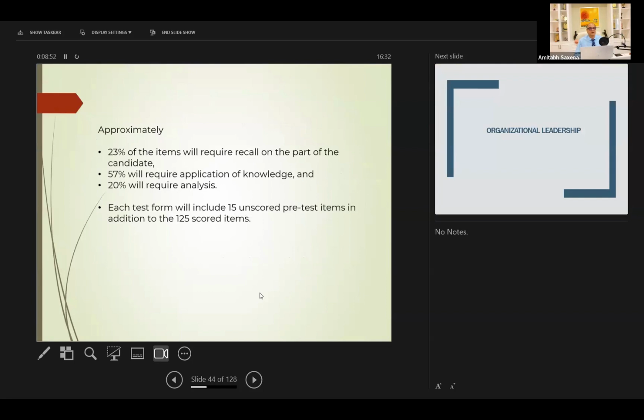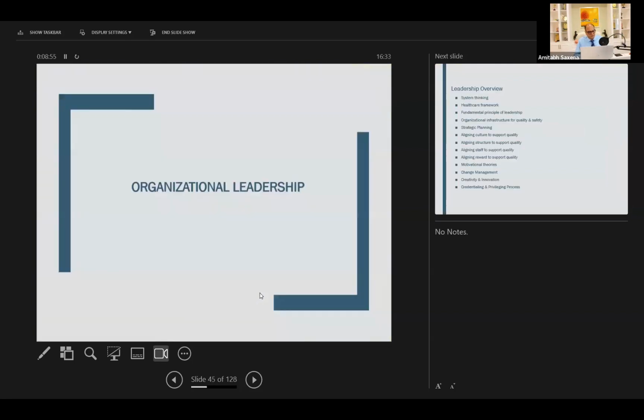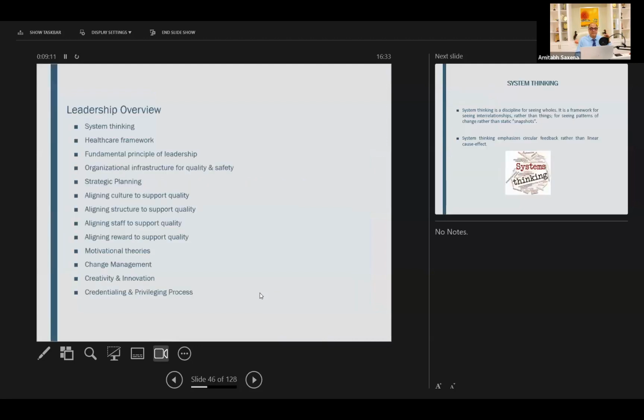So let me cover briefly organizational leadership. Maybe I'll talk very briefly, not more than 5, 7, 10 minutes about it. After that, I will jump to the data analytics part and process improvement part, which gives you around 54 questions in the examination. And I'll teach you some certain tools also. And I'll be demonstrating some of the tools.